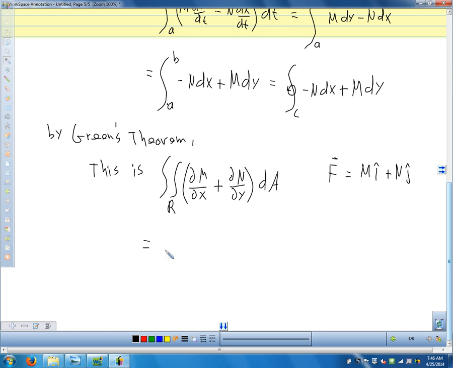So this equals the double integral over r of del dot f dA. The divergence of f is a partial of m with respect to x plus a partial of n with respect to y.